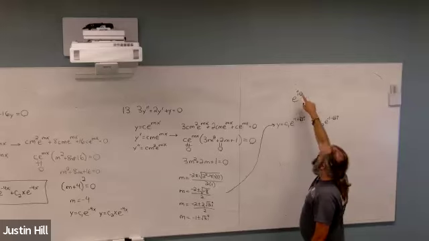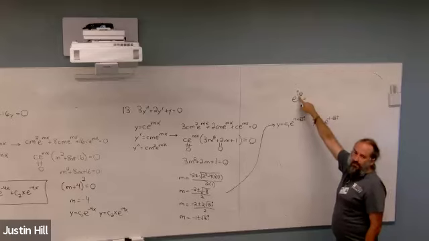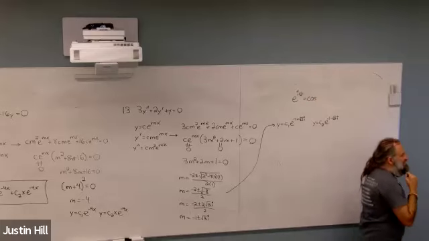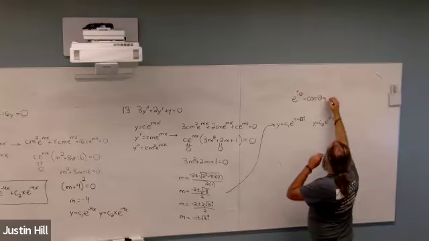So if you raise e to an angle, probably in radians, multiplied by the imaginary number, this can be re-represented as cosine of theta plus i times sine of theta.